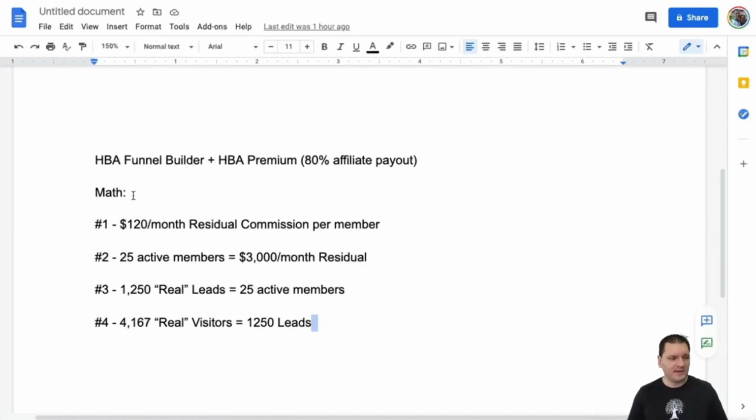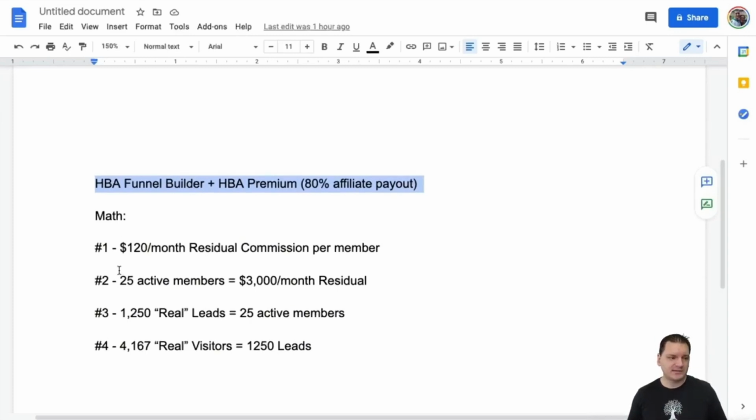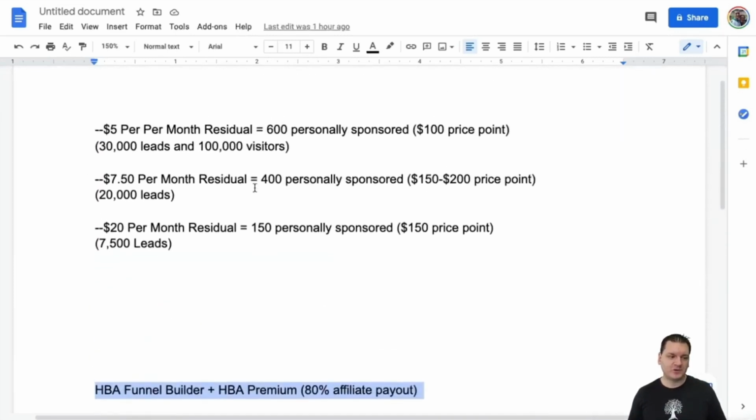Now, the beautiful thing is the products that we have in our company, they work with all these other ones. So technically, you could use our products to build these different programs that pay less, and you can do them together. And we'll talk about that here in a minute. But what's cool about that is when you do that, so let's say you're making $5 per person residually.